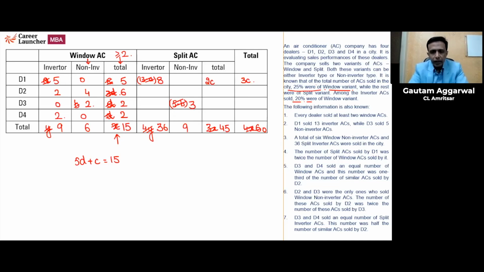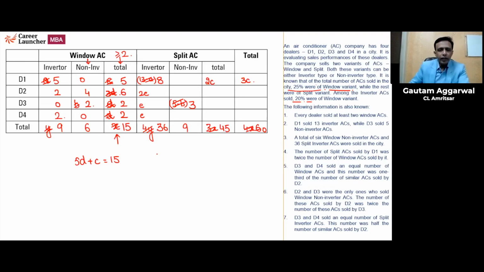Perfect. Then this is D3 and D4 sold an equal number of split inverter AC. And this was half the number of similar ACs sold by D2. So if this was, let's say, E, this has to be E and this has to be 2E. D3 and D4's split inverter ACs has to be half of AC sold by D2 of the same type.